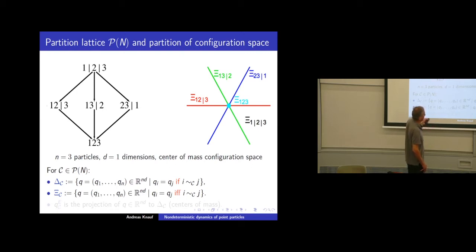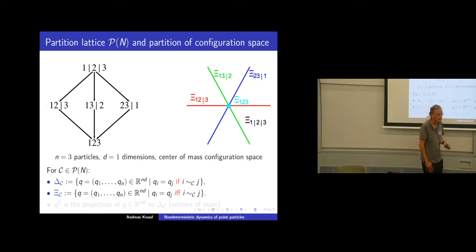So this is in the center of mass configuration space. You have 3 particles in configuration space R, so dimension is 1. This means you're on R3, but you're in center of mass, so you're in R2. So one of these subspaces would be R2, and then you have the red, green, and blue subspaces corresponding to rank 2, and then you have this subspace here, which is rank 1.